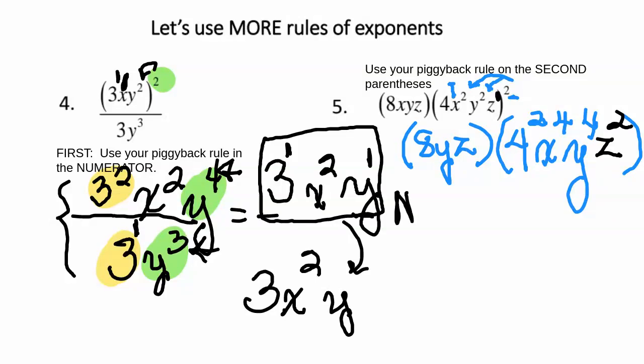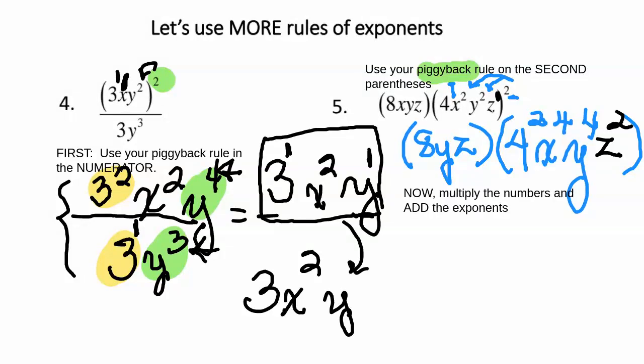Now, multiply. Okay. Now, once you've used the piggyback rule, we now multiply the numbers and add the exponents.